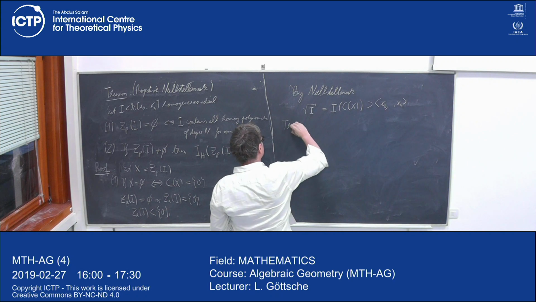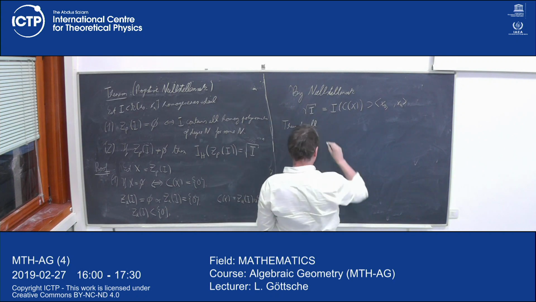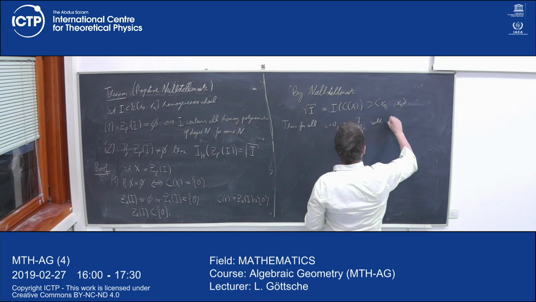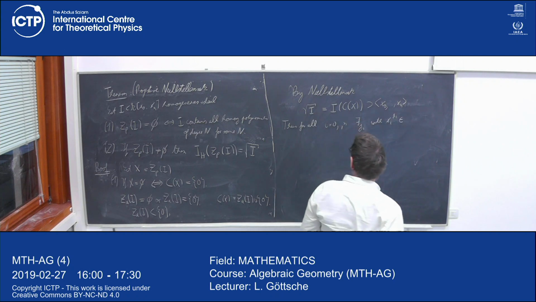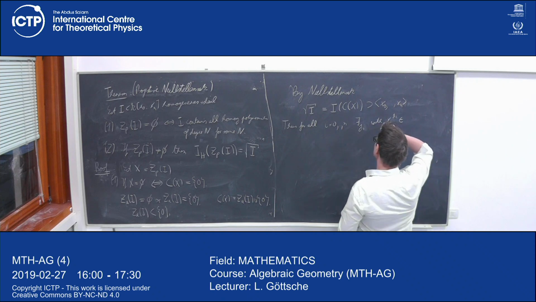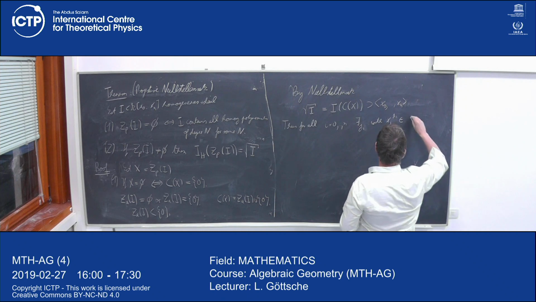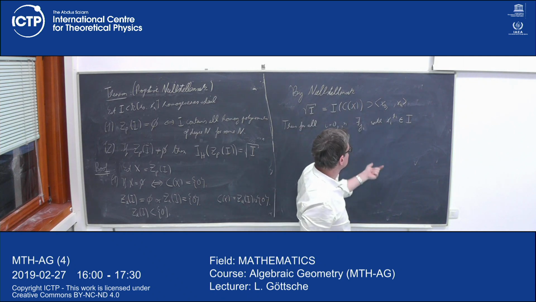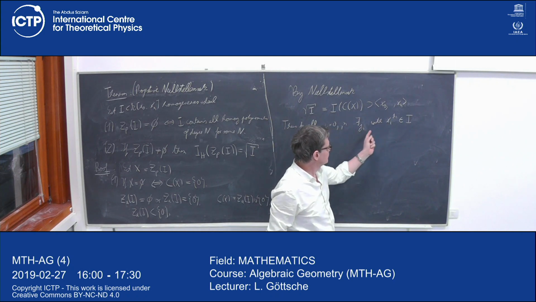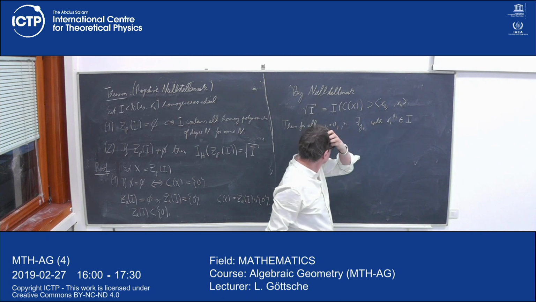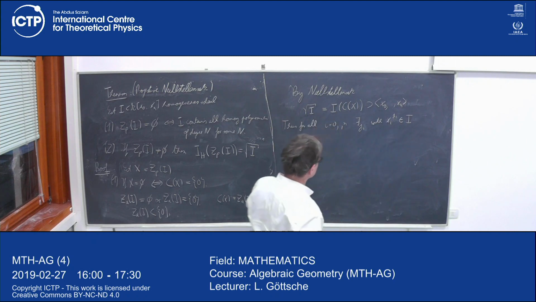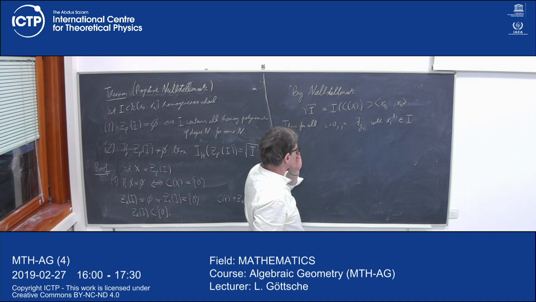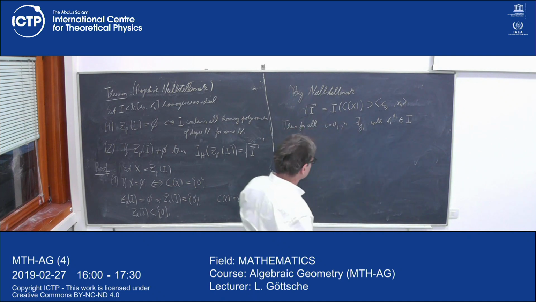Thus, for all i from 0 to n, there exists a number ji with xi to the power ji an element in the radical of I. The radical of I contains this, so it means that I itself contains a power of it, because the radical of a set I is just the set of all polynomials such that a power of them lies in I, so that's precisely this.